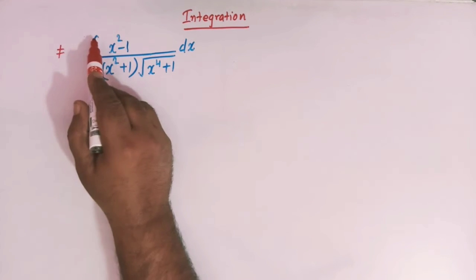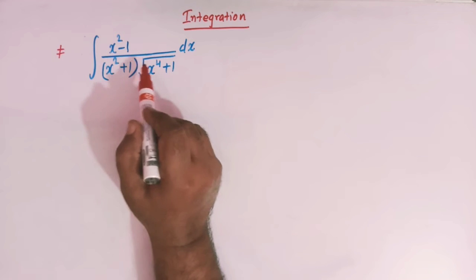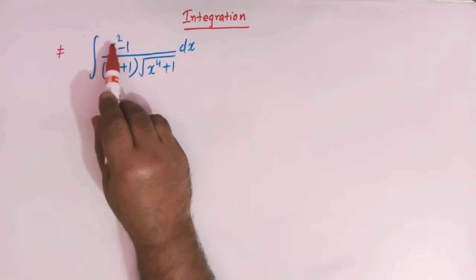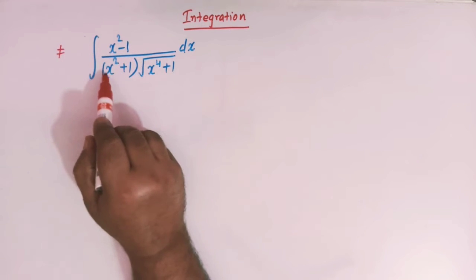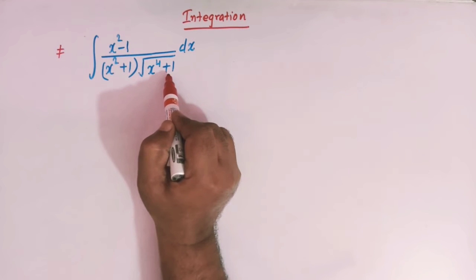So here we have to integrate this algebraic expression which looks quite bulky, that is x square minus 1 divided by x square plus 1 times the square root of x raised to 4 plus 1, right?